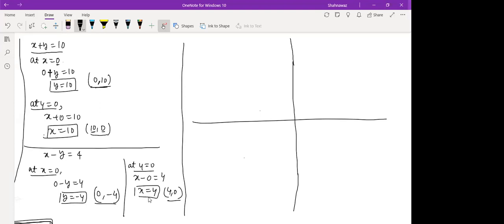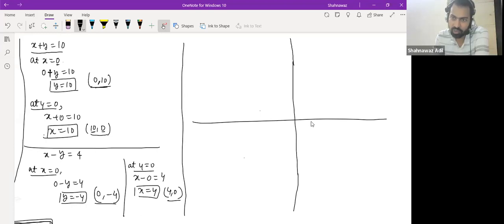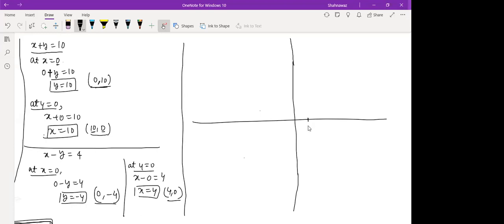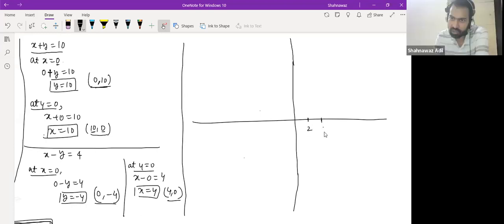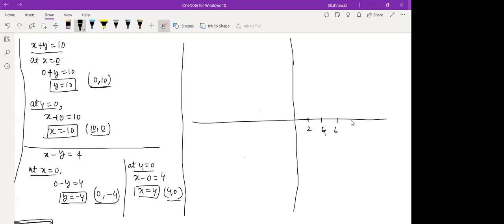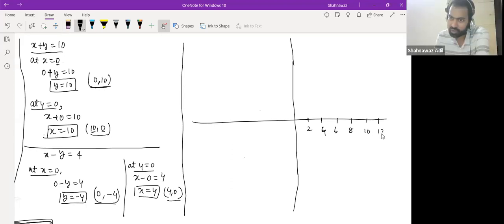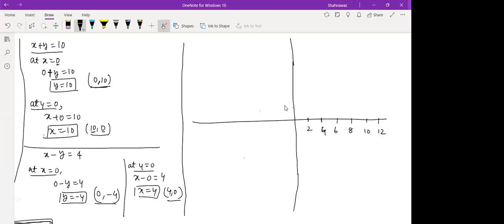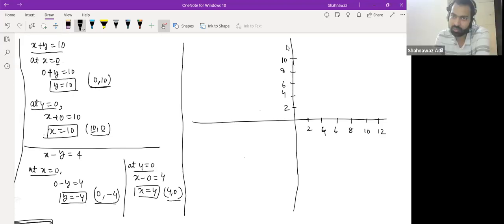So what we will do is that we'll take two divisions, right? So this would be 2, 4, 6, 8, 10, and 12. So we'll take the division like this, right, to draw the easy graph. And similarly, 2, 4, 6, 8, 10, and 12.